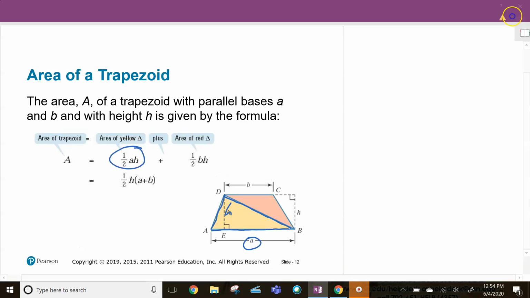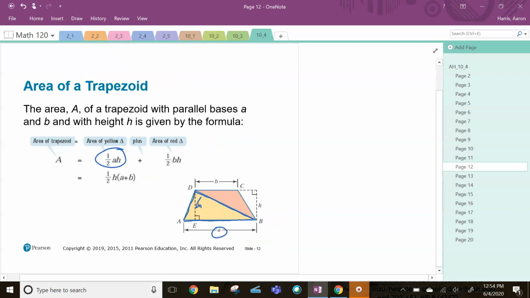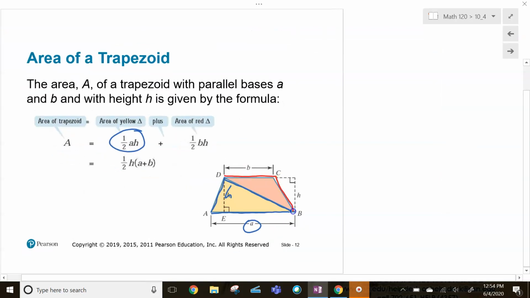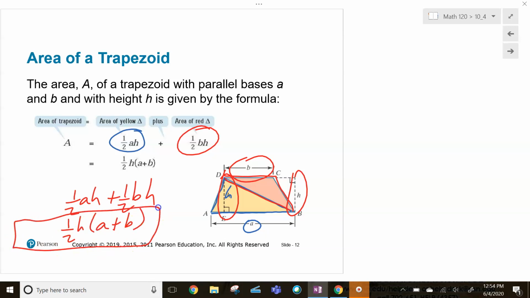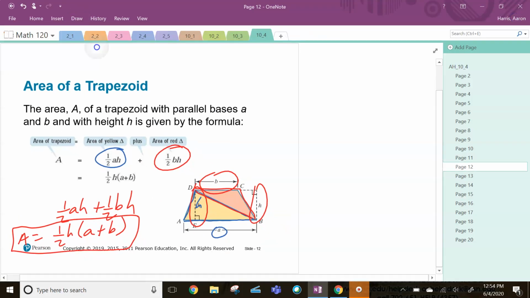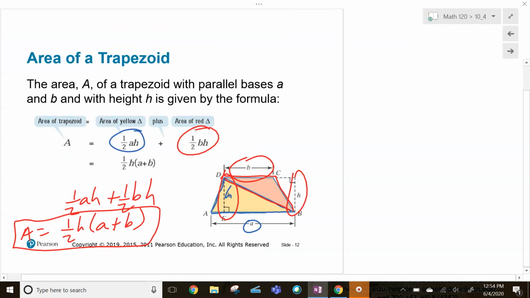And then we have the one in pink outlined here, 1/2 B, the base, times its same height H, 1/2 BH. If you add those two together, you get 1/2 AH plus 1/2 BH. If you factor out 1/2 H, you're left with this formula for the area of a trapezoid: 1/2 H times the quantity A plus B.